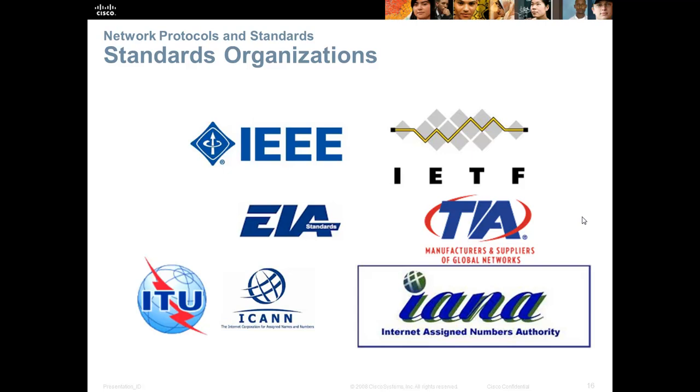All the different protocols and communications that happen on a network are developed by some sort of standards organization. One that I'll use, for example, is the IEEE 802.11 standard. This is the standard for wireless. There's wireless A, B, G, and N, and all these different standards that are out there that are coming out.